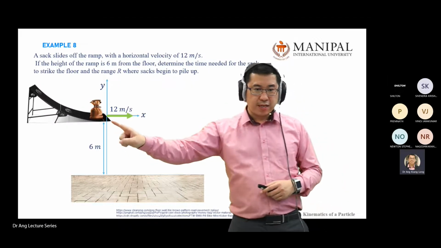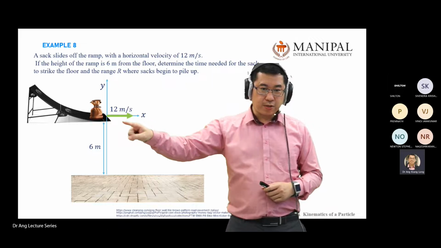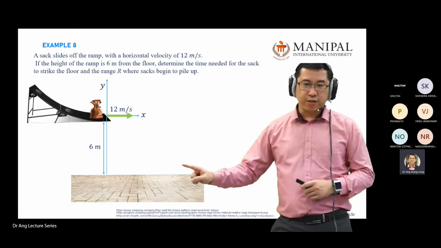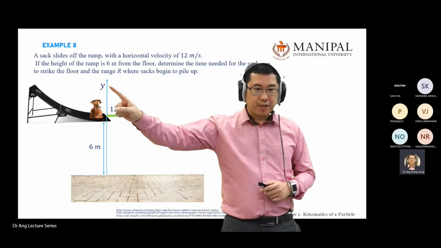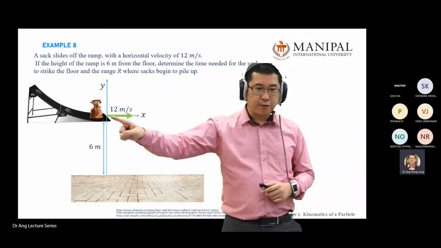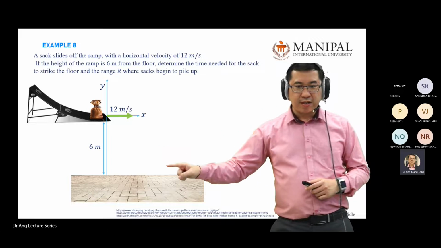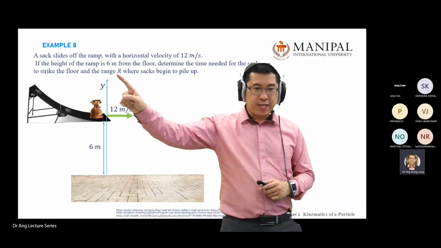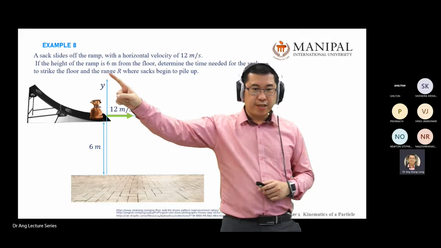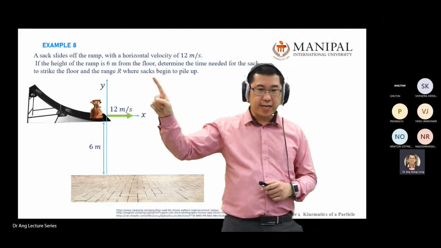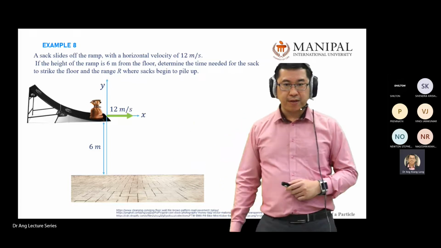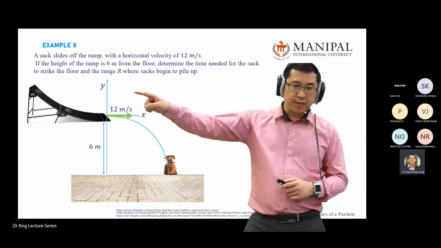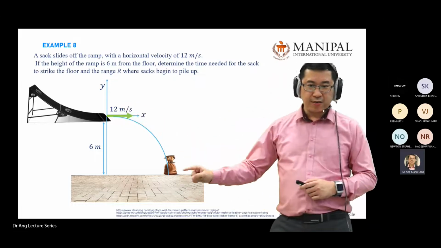You know that you have gravity, so the sack slides and reaches the ground. You need to find the time from this point to here. Then find the range R where the sack begins to pile up. So the sack goes from here to here.